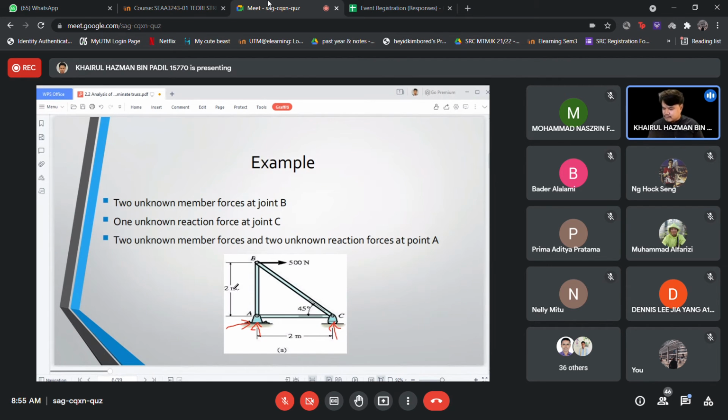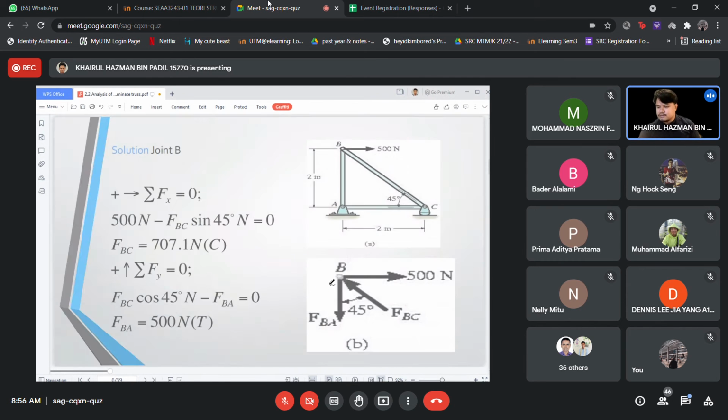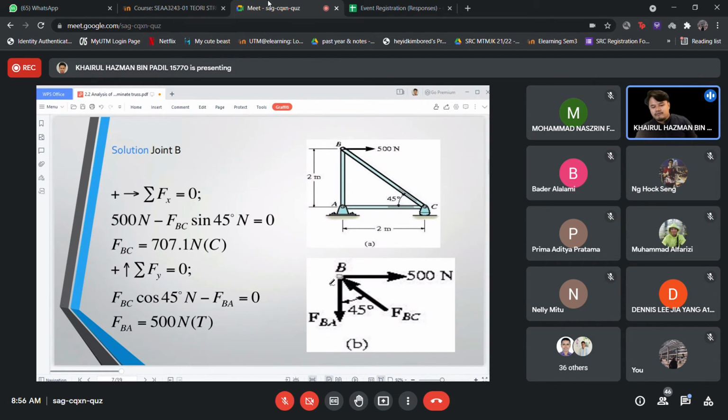So by having this reaction and angle, you can actually determine the axial forces acting on the truss members. So the solution is just a matter of trigonometric equations where you have sine, cos, and tangent. So there's no problem with that. You can look at this, how to solve it.